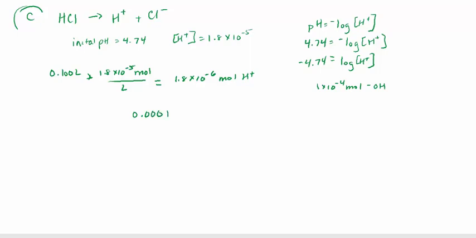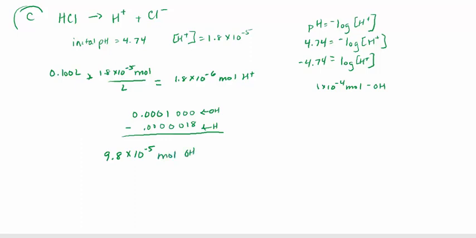So if I add these zeros in order to subtract, you can see my OH is much greater than my H. So I'm going to have an excess OH, and that excess OH is 9.8 times 10 to the negative 5 moles of OH left. That neutralizes all of the acid and leaves us with an excess of hydroxide ion.